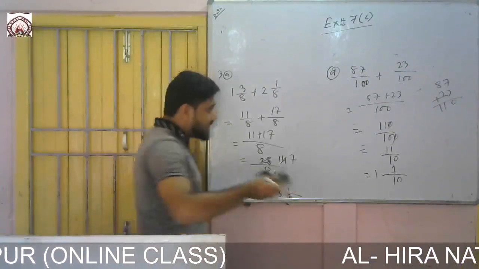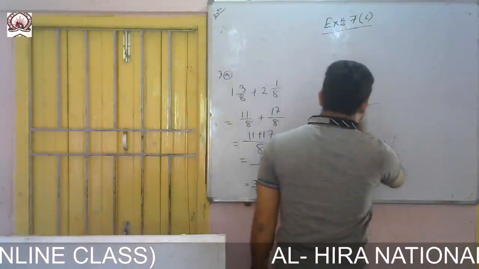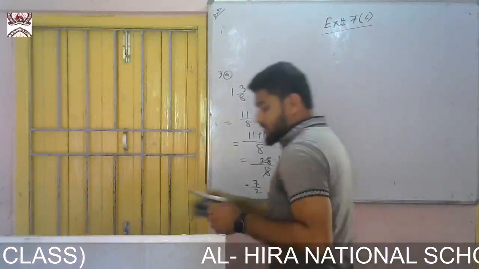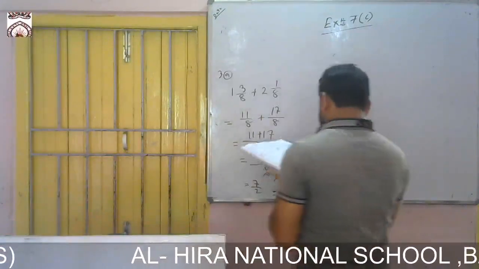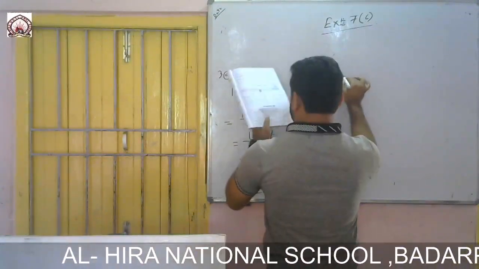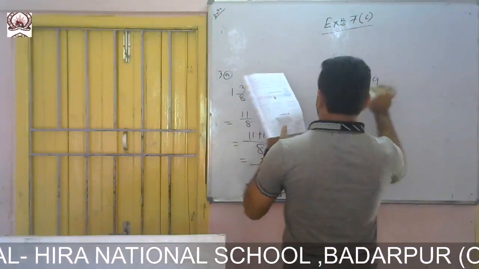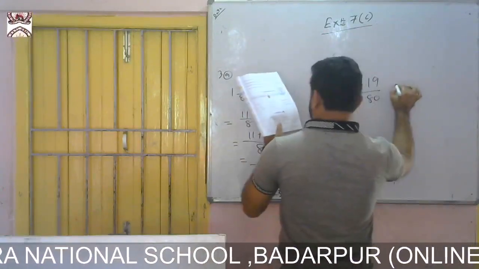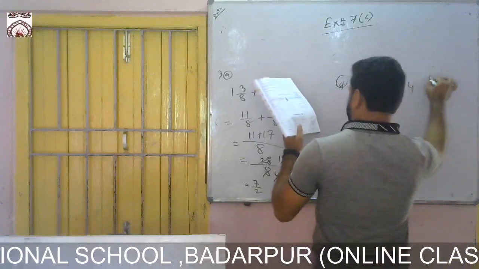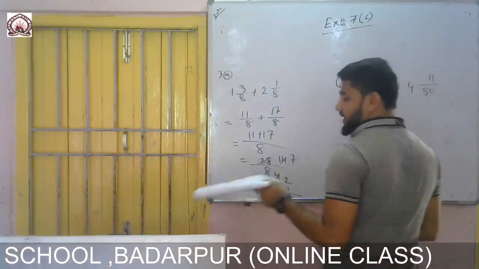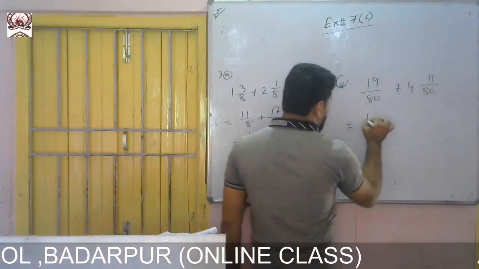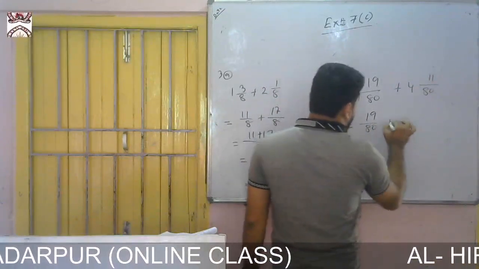C. These all are same. Okay, the bigger one is question number D. All are in the same process. You can plus 4 11 by 80. Okay, so first you break 19 by 80 plus this one.